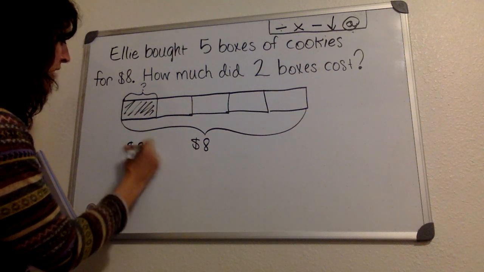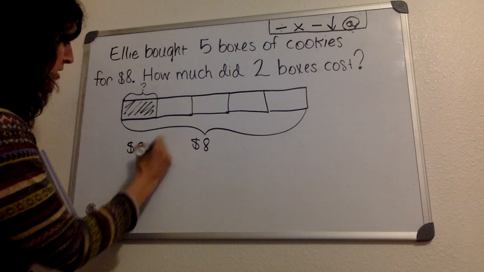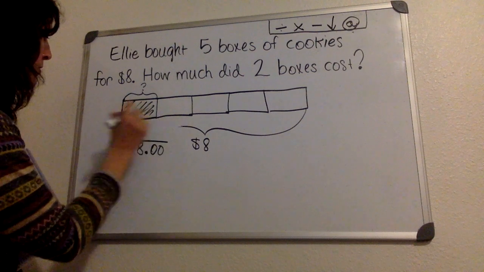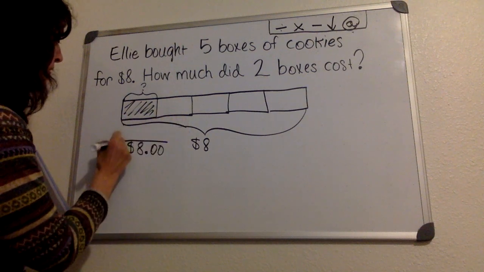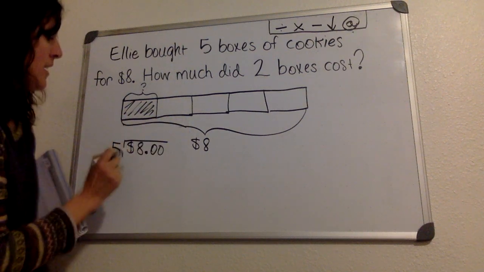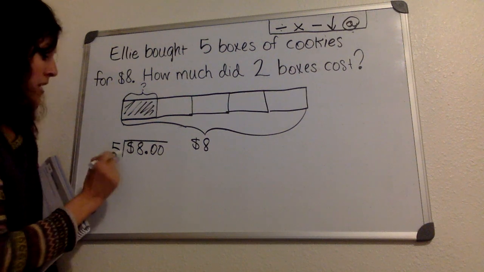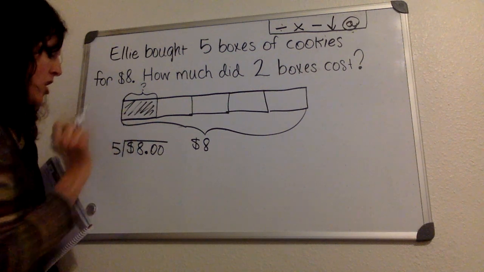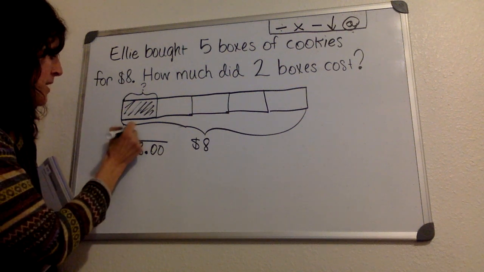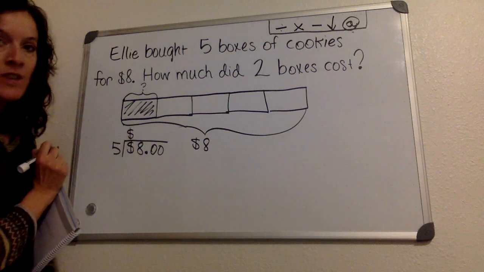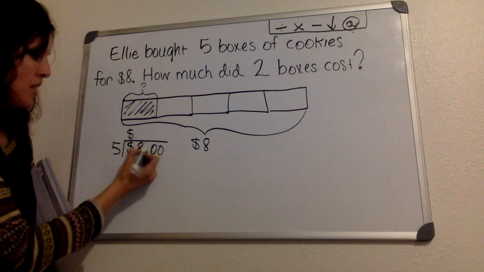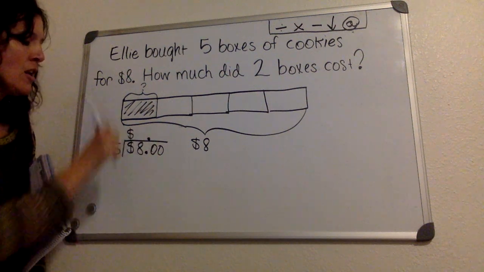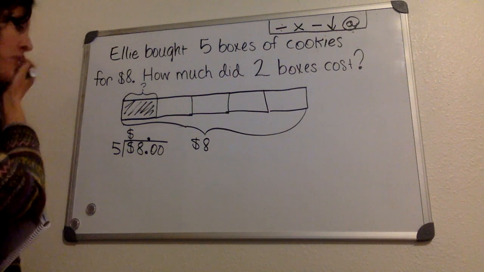All I need to do for that is say $8 divided by, I'm going to move this little guy up, divided by 5. And then I will find out how much 1 box costs, what my unit costs, okay? So I'm going to put my dollar sign right up above here. So first thing I do for these dollar problems, and then the second thing I do, of course, is put my little decimal point right above where it's at.